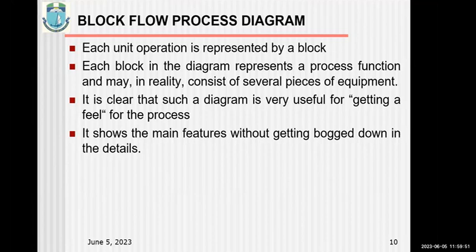And it may consist of several pieces of equipment. It doesn't mean that it's just going to be one. It will be quite a number of equipments that are lumped together. So basically what such a diagram does is to give you a feel of what the process is.